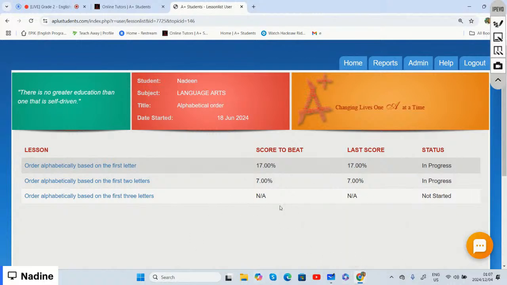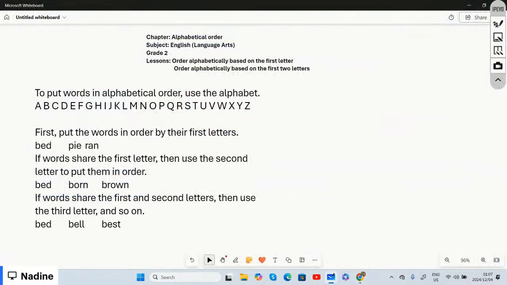All right. So our chapter is alphabetical order. Our subject is English Language Arts. We're doing grade 2.